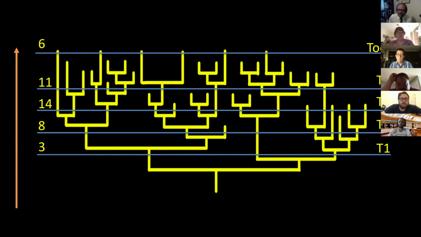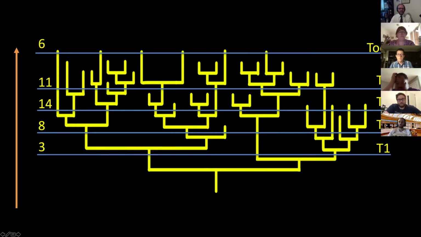We also have biases that are associated with the fact that we're dealing with fossils. Now, one thing that's true about fossils is if you have a tree of life, and this is just a diagram of an evolutionary tree, and time goes up.